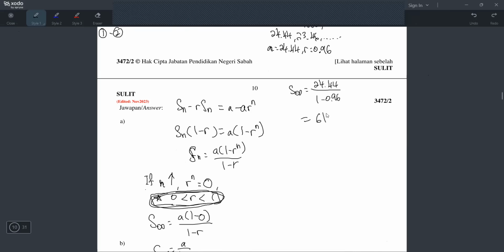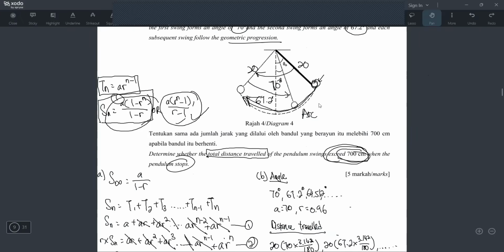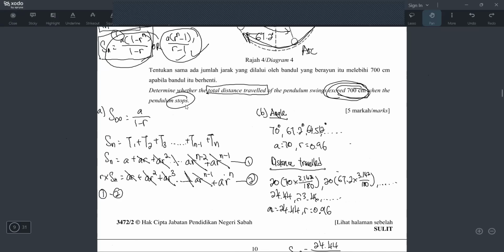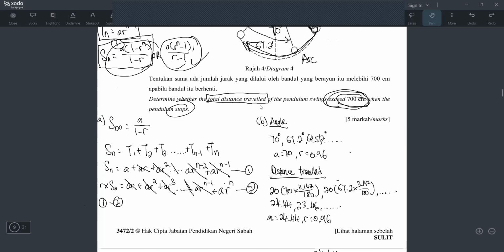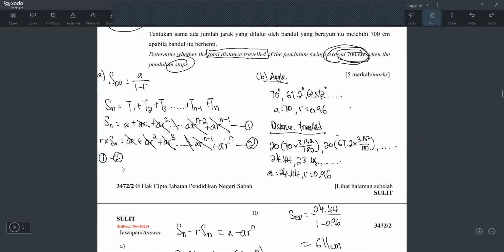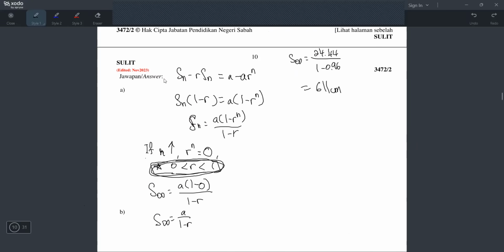It means 611 cm is the total distance traveled by the pendulum until it stops. The total distance traveled will approach 611 cm. But the question asked me to determine whether the total distance traveled exceeds 700 cm. So I will say no, it will not exceed 700 cm, because 611 is still less than 700.